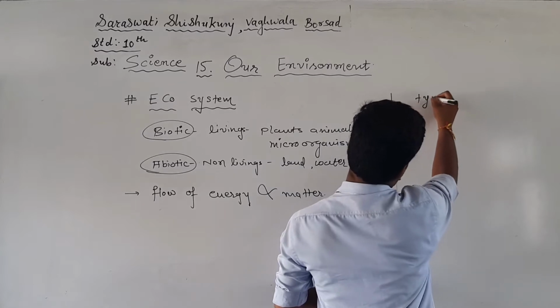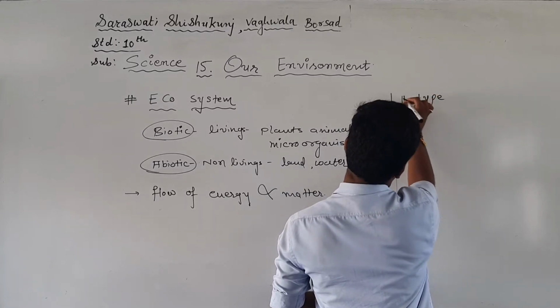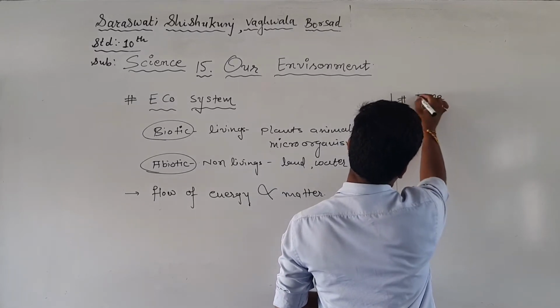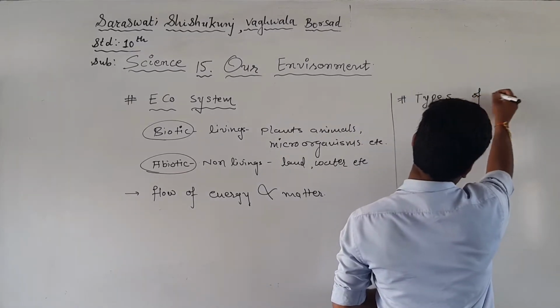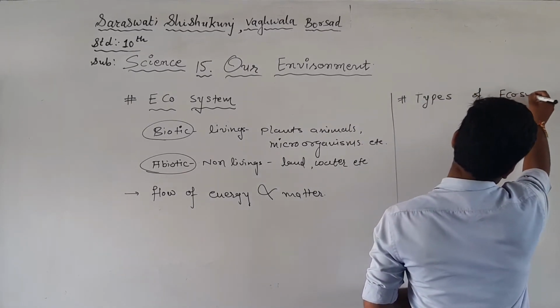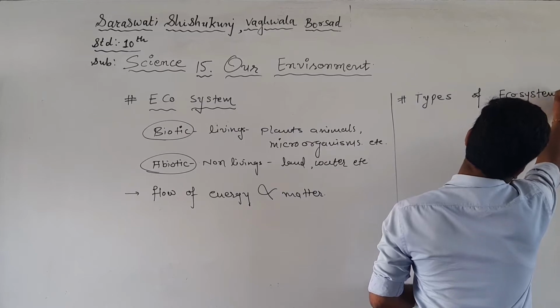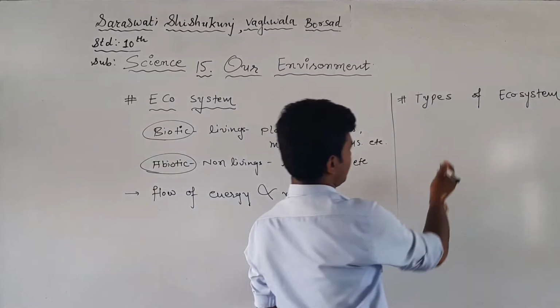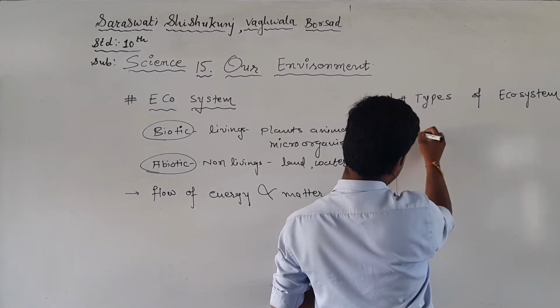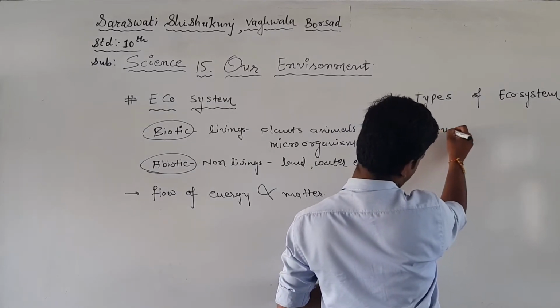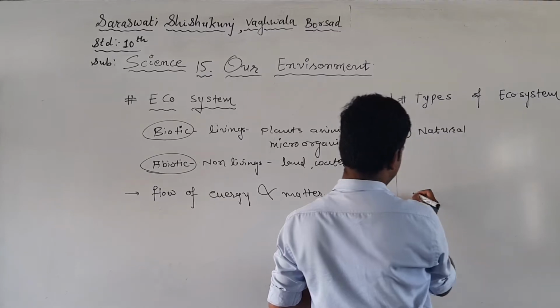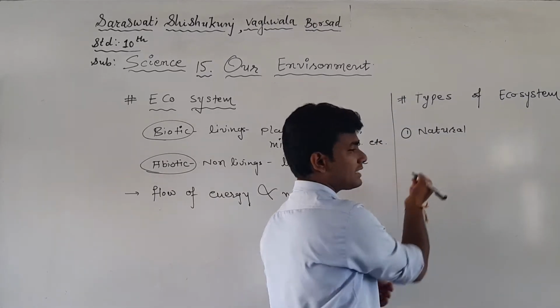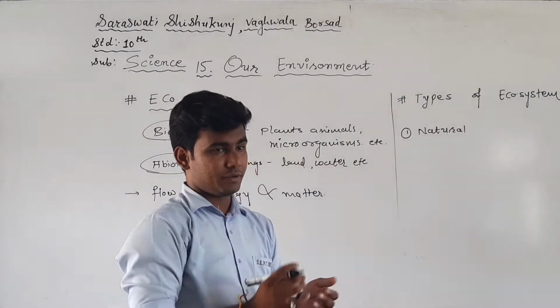So the second point for us is types of ecosystem. So generally there will be two types of ecosystem. First is natural ecosystem and the second one, that is our artificial ecosystem.